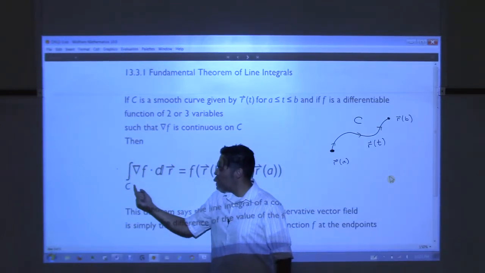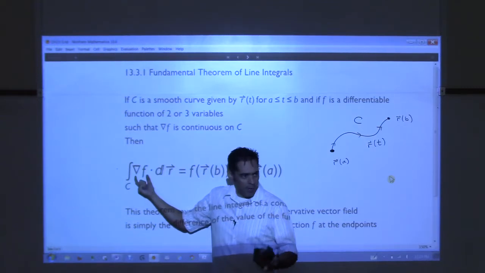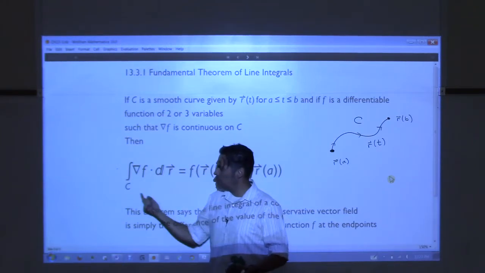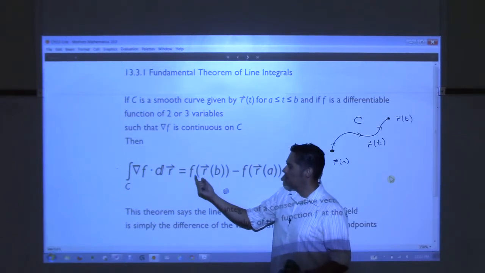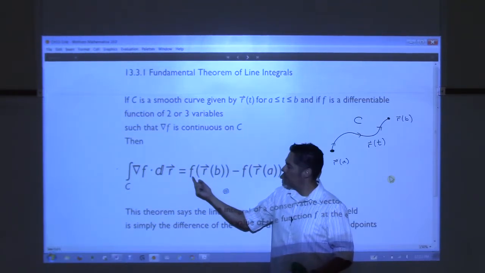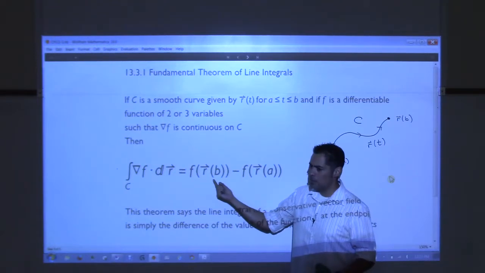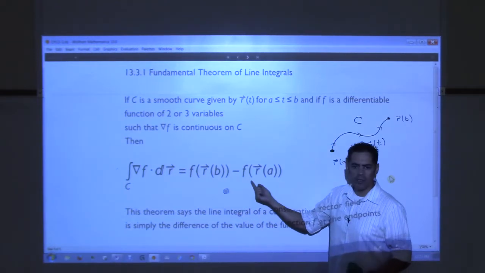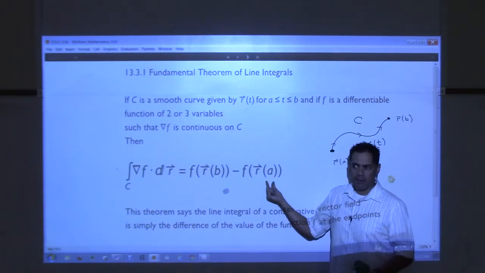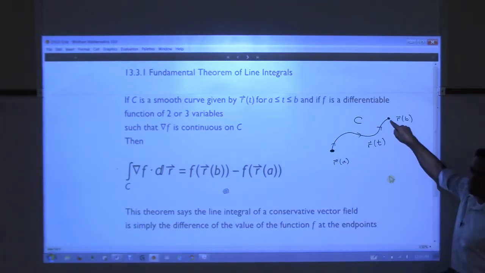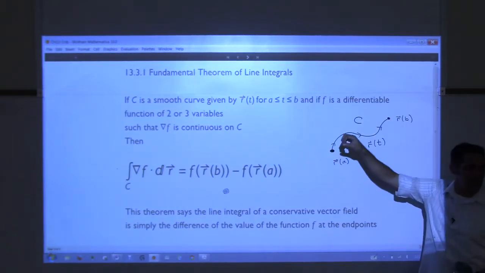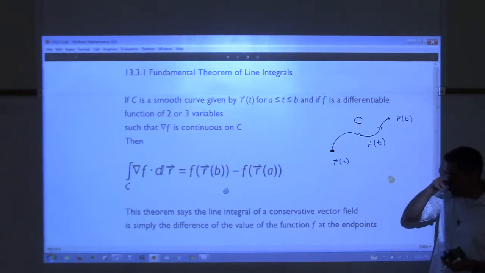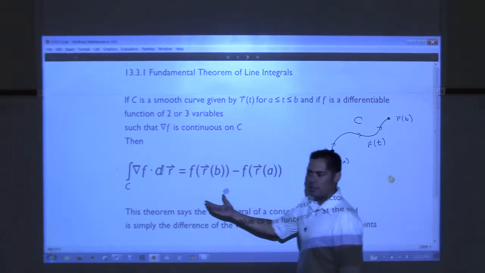The line integral over C of the gradient of f, remember the gradient of f is a vector, dotted dr, so isn't this work? This is the work done over the gradient vector field, is equal to the scalar function evaluated at r of b minus the scalar function evaluated at r of a. You just plug each endpoint into the scalar function and subtract the two numbers, and that is the value of the work done.